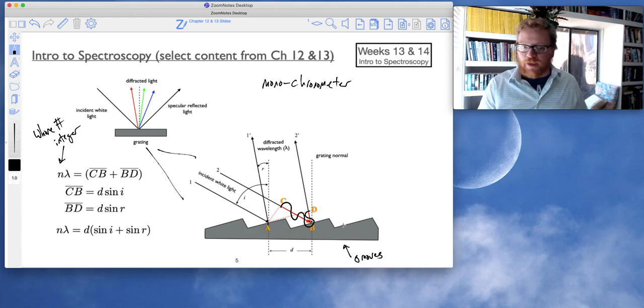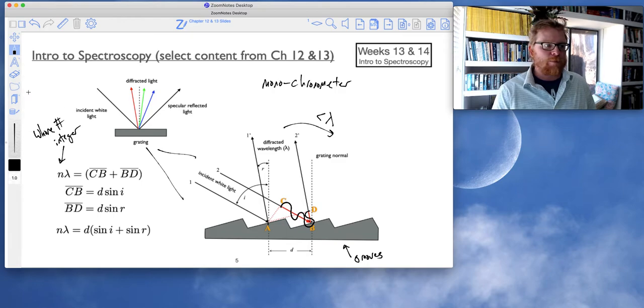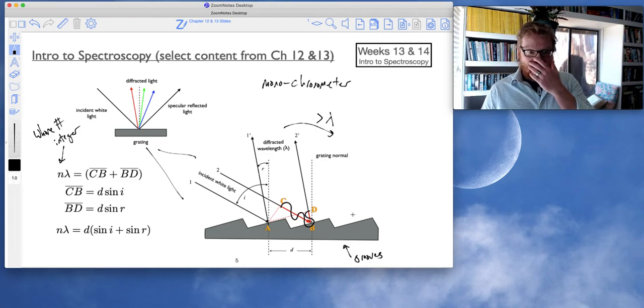And if you think about this for a second, okay, the way that this works out, we get this pattern where lambda decreases as we go this way. So lambda is backwards. Lambda is decreasing as we increase that angle of reflectance, which I've always found is kind of counterintuitive.